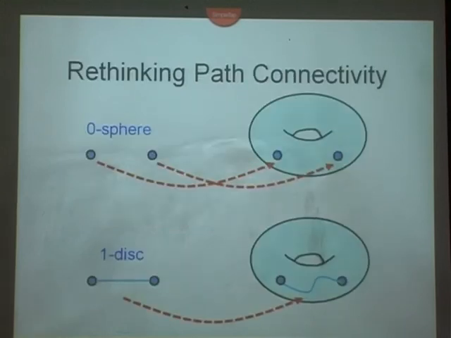So the core to understanding consensus was this notion of path connectivity. Now, I want to revisit path connectivity and think about it in a slightly different way. So one way to think about path connectivity is as a map of spheres. Now, degenerate spheres.